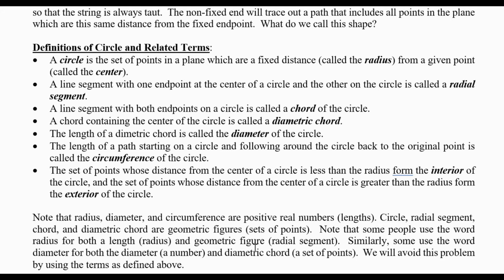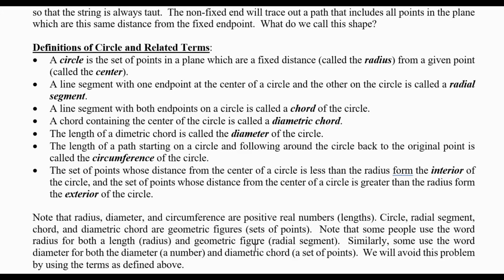Now, notice our terminology here, the way we're defining it: the terms radius, diameter, and circumference are positive real numbers, lengths, right? Numbers. Circle, radial segment, chord, and diametric chord are geometric figures, sets of points.